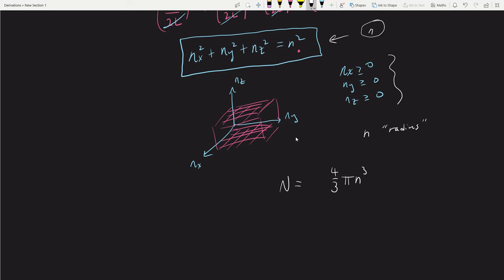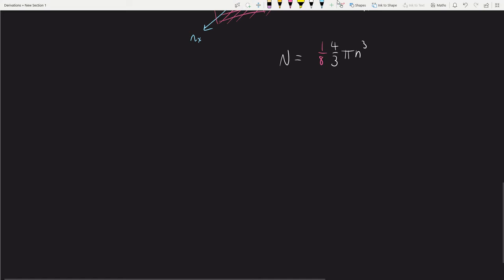And then there are some other factors we need to take off. We already discussed how this is only 1/8 of the total space. I'm going to redraw it, because the last graph was pretty poorly drawn.